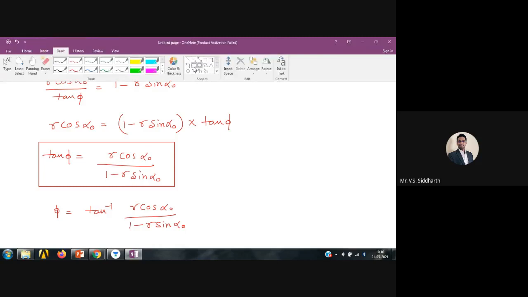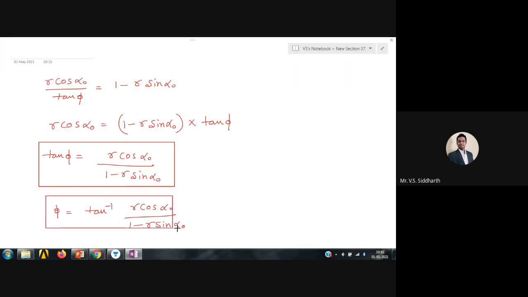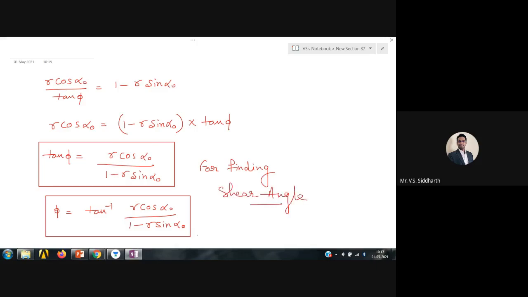This is a very important relation for finding the shear angle. Is it clear, everyone? You want to see the derivation each and every step once again?